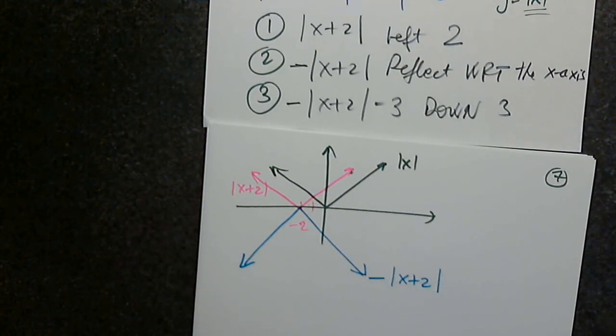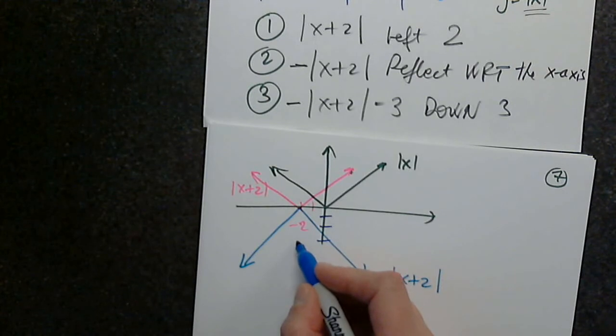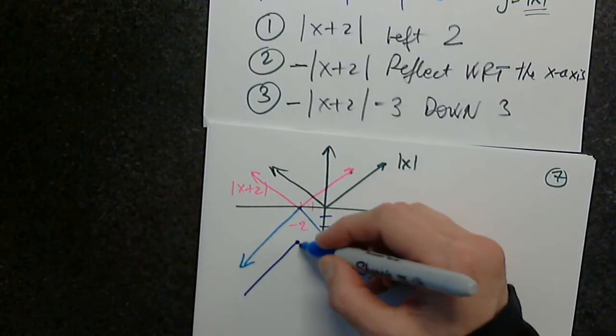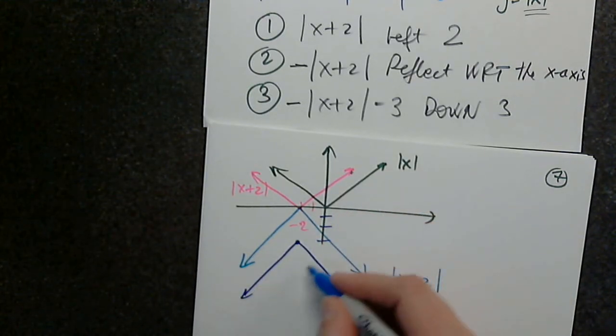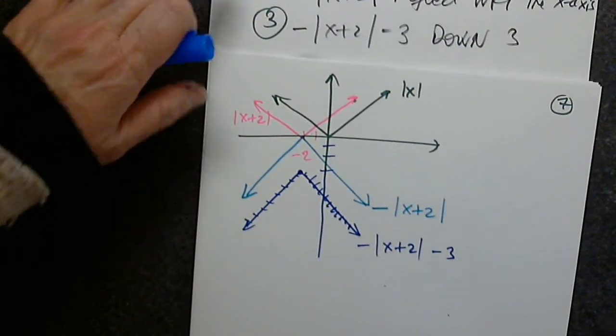And then you told me to shift this up 3. Down 3, sorry. 1, 2, 3, right here. So this is the graph of negative the absolute value of x plus 2 minus 3. I'll do this just for you to make sure that you remember that this is the final graph.